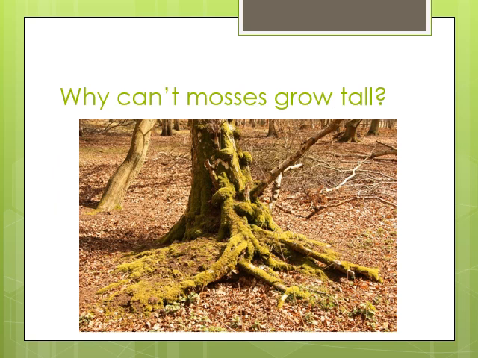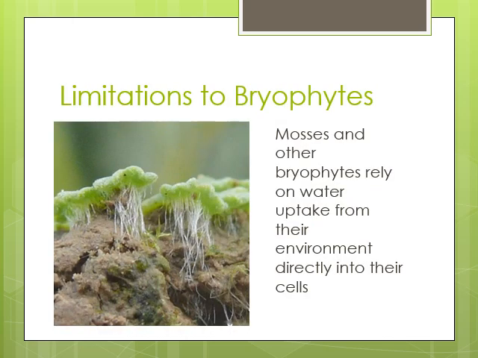Mosses can't grow tall. You'll notice that all the mosses you've ever seen and all the mosses that have ever existed on the earth to our knowledge have been very, very low to the ground. That's because they have certain biological constraints. Basically, they do not have any what's called conductive tissue. They don't have any straws in them to suck water up.